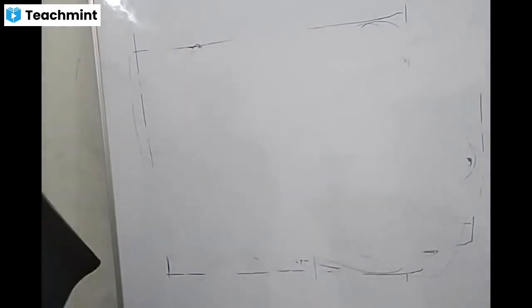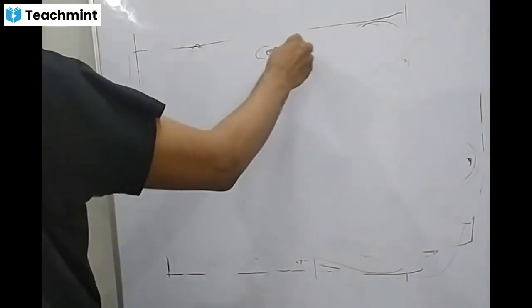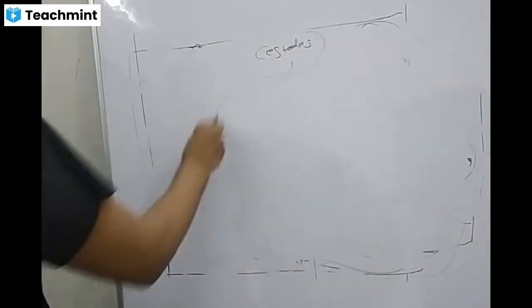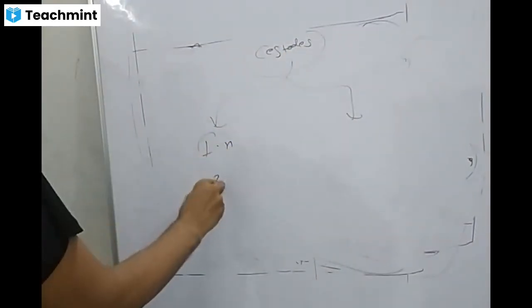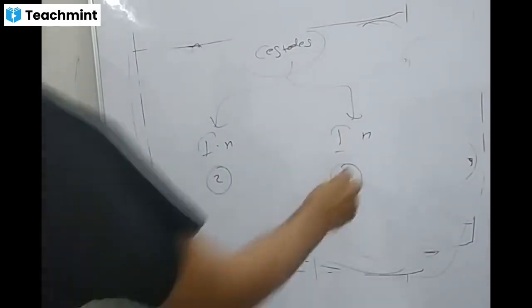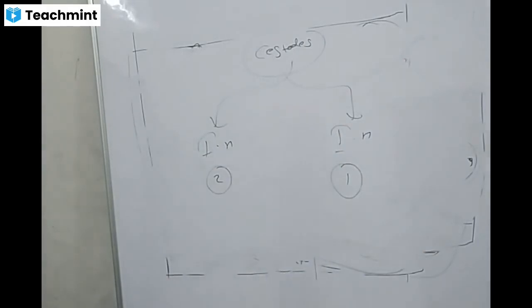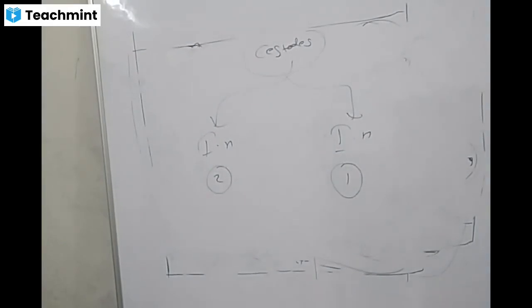So if I summarize all the cestodes, I will divide into two. One which are having two intermediate hosts, and one which are having only one. So Diphyllobothrium latum and Spirometra, these two are having two intermediate hosts.